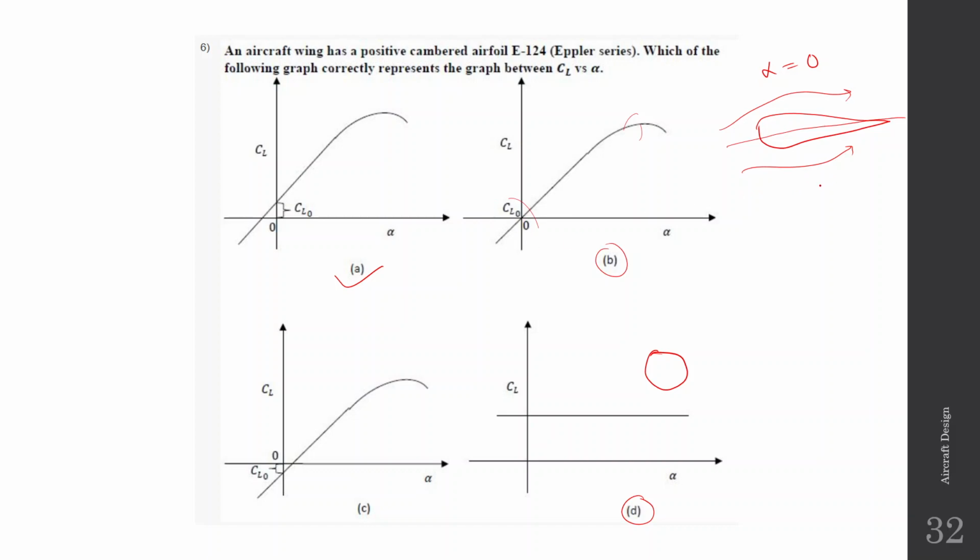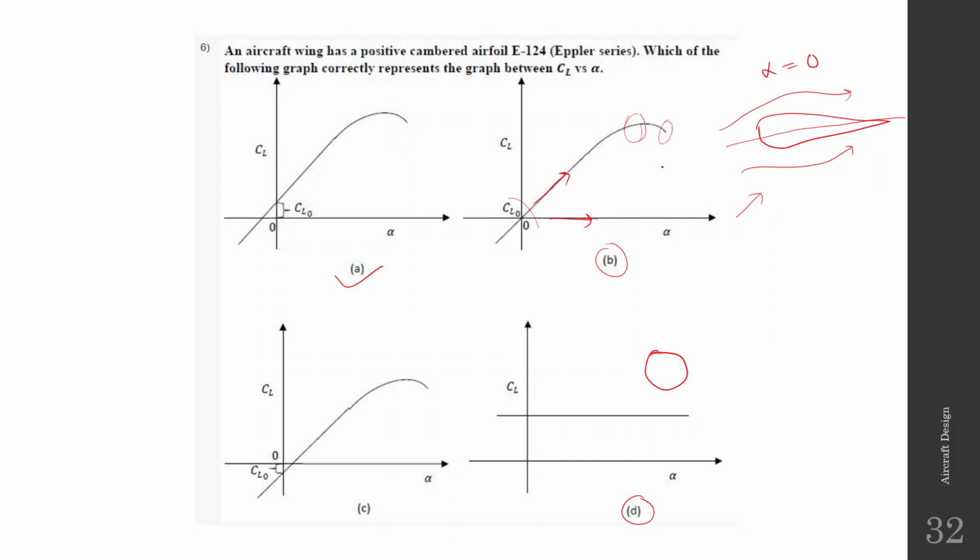And then when your alpha increases, suppose the wind is coming from this direction, then the airfoil produces lift. So in this region, you can see that as alpha is increasing, your CL is also increasing. And we know that for all wings, the CL increases up to a point, and after that, even if we increase alpha, the CL drops.